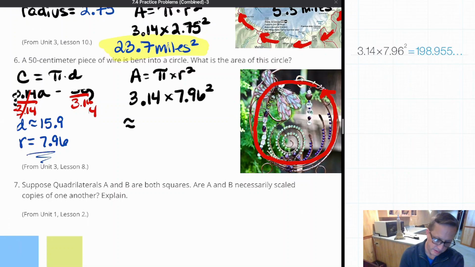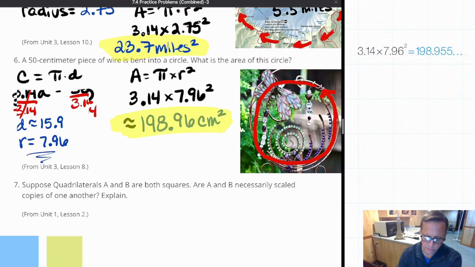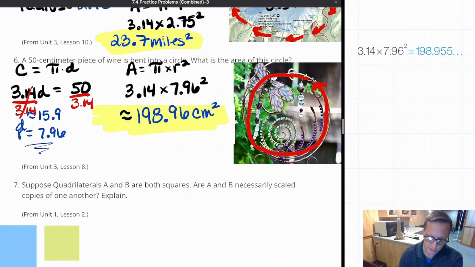All right. And so I'm just going to round that to 2 decimal places, and I get 198.96. And this is centimeters. So I'm going to do centimeters squared because area is always square units. Square centimeters, square miles, square inches, square everything.